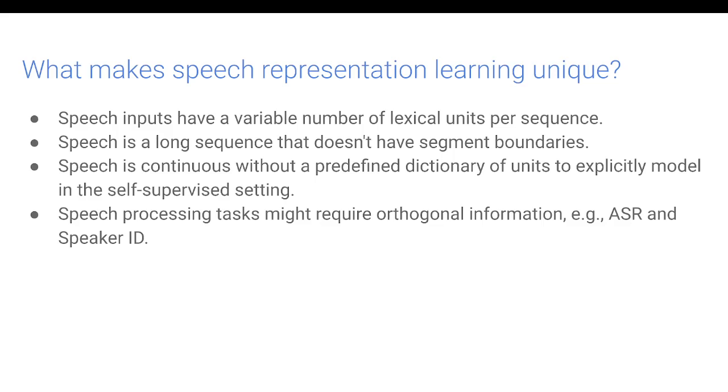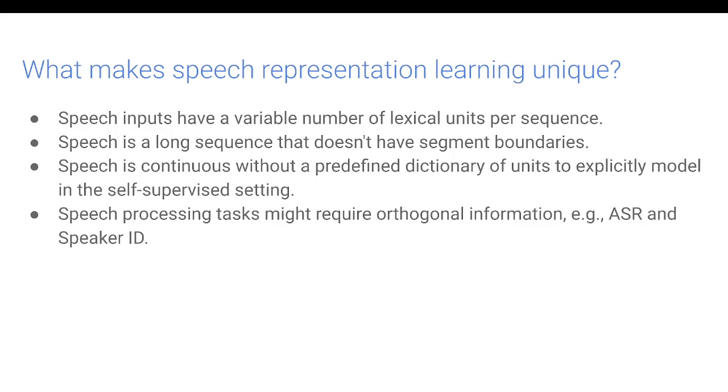And add to this that some of the speech tasks would require orthogonal information to be maintained in the pre-trained model. So some downstream tasks like speech recognition would require the representation to focus on the content of the signal rather than the style, while speaker ID or diarization would require that the model focus more on the style, while being invariant to the content.